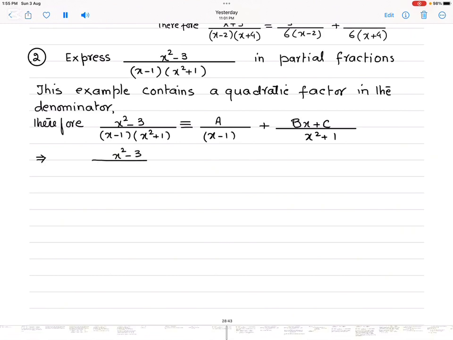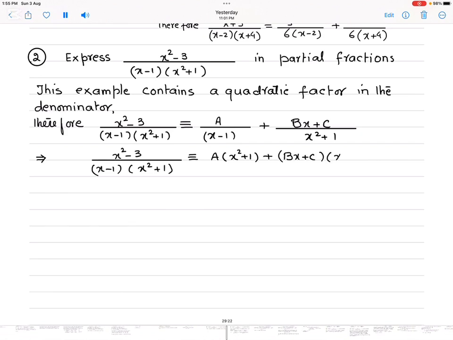This gives us, we have to take the LCM here, so multiply a by x squared plus 1 plus bx plus c times x minus 1, whole over x minus 1 times x squared plus 1.